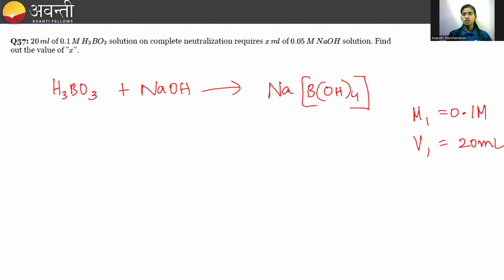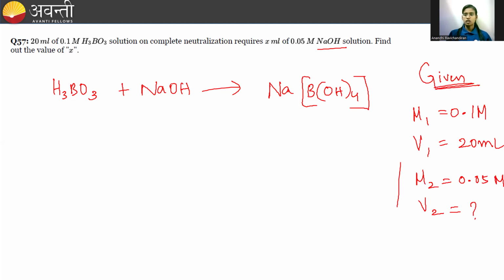In the same way, for sodium hydroxide, the molarity M2 is 0.05 molar. And the volume of sodium hydroxide we do not know. That's what we have to find out. So V2 is equal to what? So this is the given information.